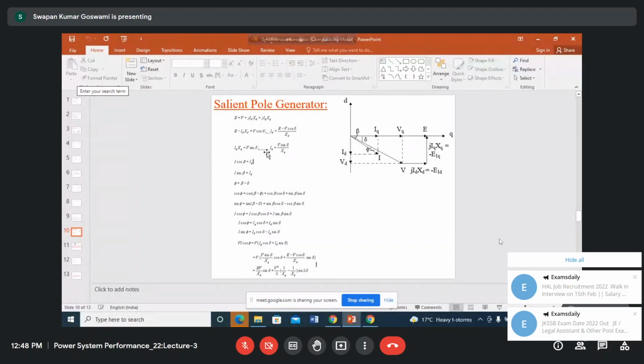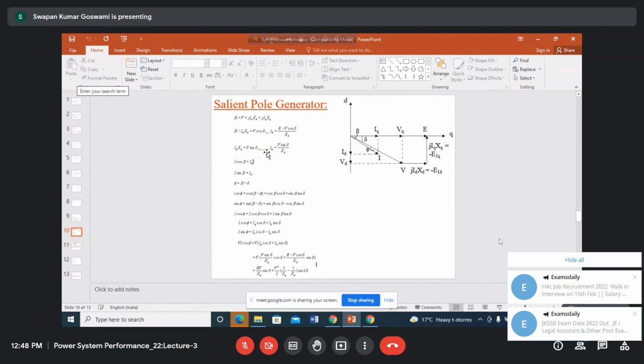Salient poles mean projected poles. You can actually see the poles from outside. If you look at the rotor, you can identify the position of the poles because they are projected. There is an air gap between the rotor and the stator. In a cylindrical rotor machine, this air gap is constant because poles are not projected.